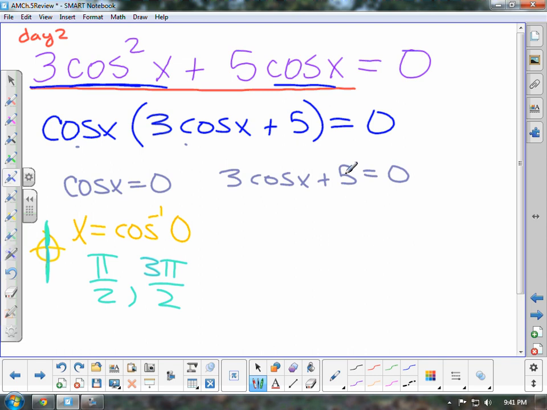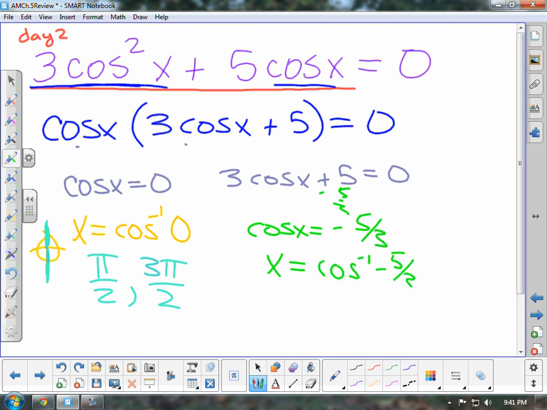Then, looking at this other side, we would have to solve this, and we would subtract 5 and then divide by 3, so we would have cosine of x equals a negative 5/3. And so then x equals inverse cosine of a negative 5/3. Now, inverse cosine must be between a negative 1 and a positive 1.